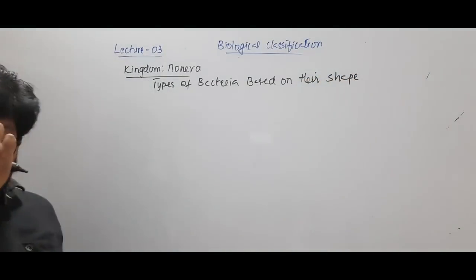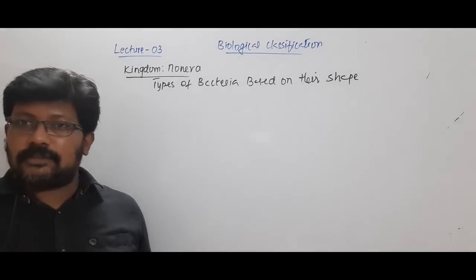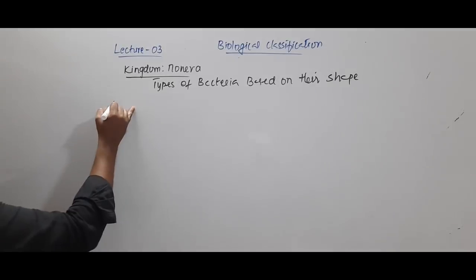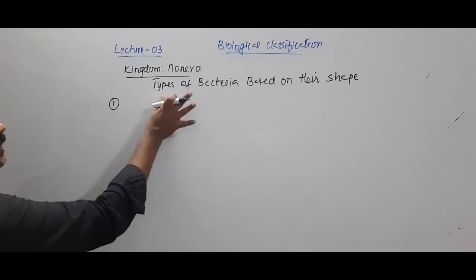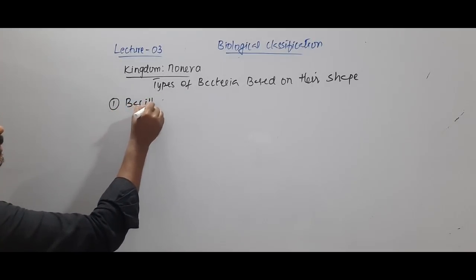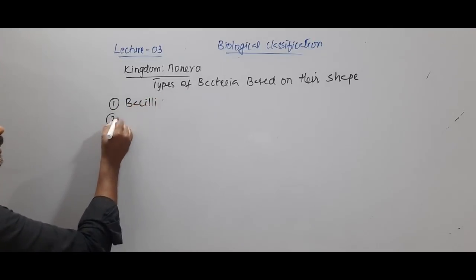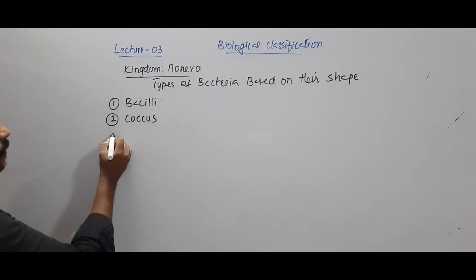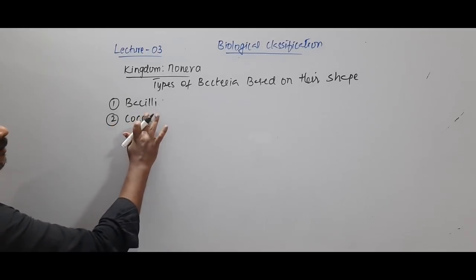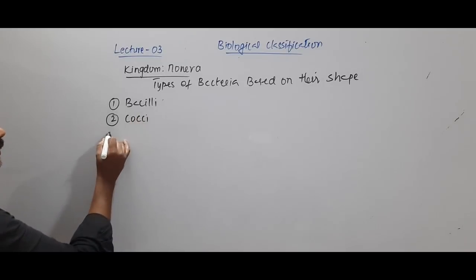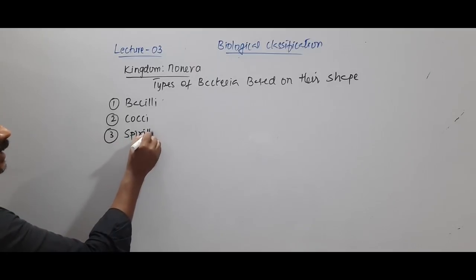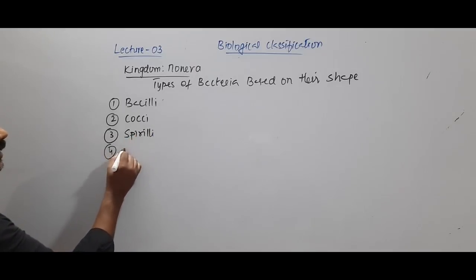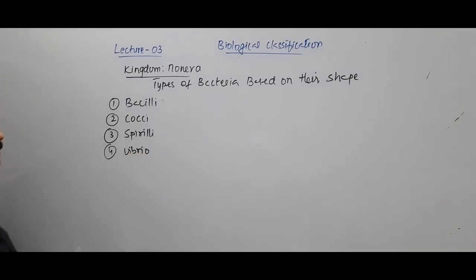We find four types of bacteria based on shape: bacilli, cocci, spirilli, and then vibrio. So these are the four types of bacteria.